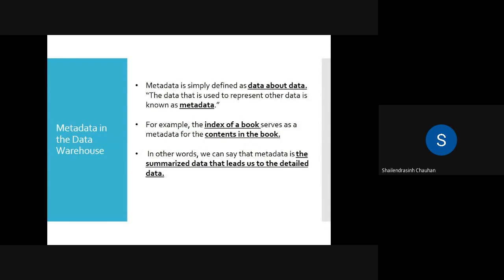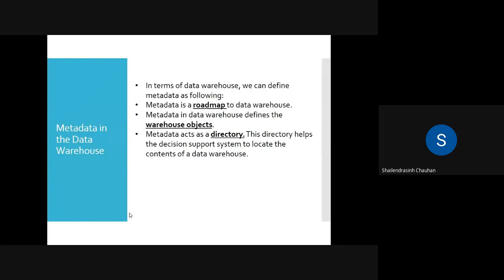And there is a kind of metadata about the data warehouse. A few more things: in terms of a data warehouse, we can define metadata as follows. Metadata is a kind of roadmap to the data warehouse. It is going to have different departments, different instances, summaries, histories and so on. So it is a kind of roadmap.